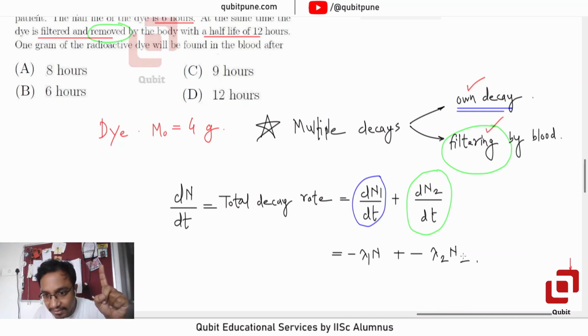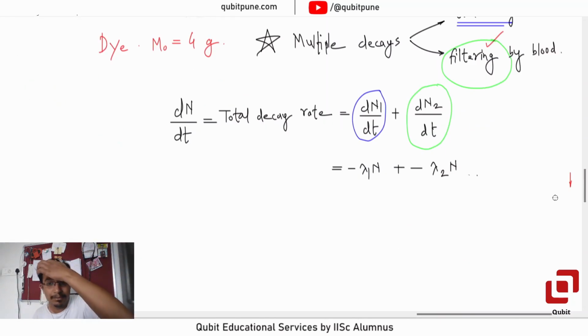So that N1 and N2 distinction or categorization is for our sake, which means N1 here and N2 here will not make any sense. It will be negative lambda 1 N and negative lambda 2 N, because N is the total number of nuclei available at that particular time, which means this will be negative (lambda 1 plus lambda 2) into N. So total decay rate is basically the addition of the decay rates.